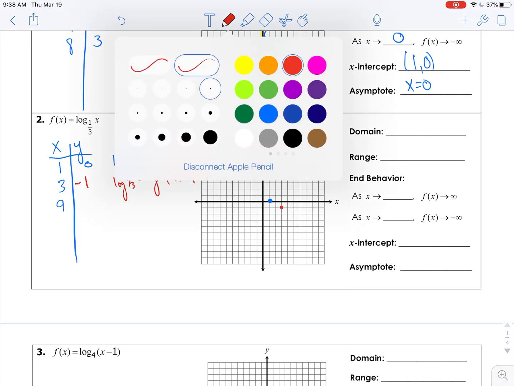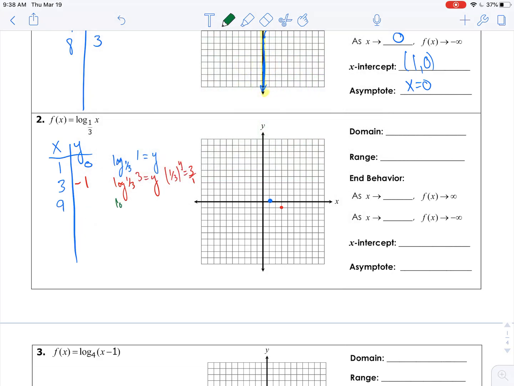And then similar thing here. Log base 1/3 of 9, or 1/3 to what power gets me 9 over 1? Well, I flip my fraction, so it's negative. 3 squared is 9, so it's negative 2. So 1, 2, 3, 4, 5, 6, 7, 8, 9, and a negative 2.